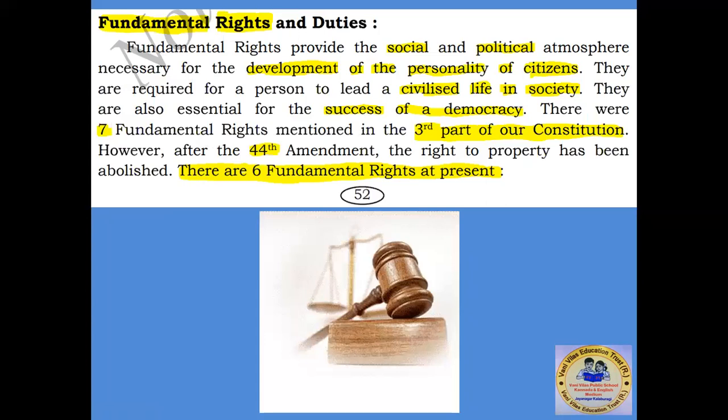These fundamental rights of our Indian constitution have got inspiration from the US Constitution's Bill of Rights. In our Indian Constitution, fundamental rights can be seen from Article 12 to Article 35.